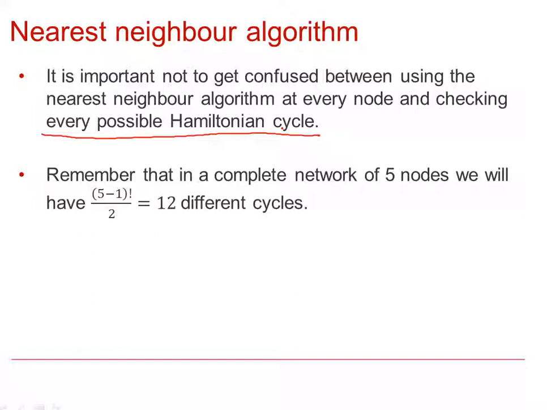Remember that in a complete network of 5 nodes, we will have (5 minus 1)! over 2, that's 12 different Hamiltonian cycles. And in the previous example, the nearest neighbour algorithm just found 3 of these.